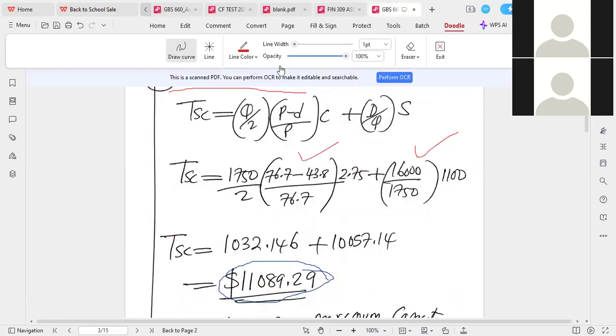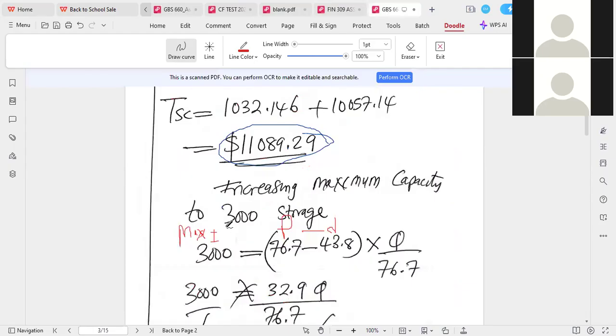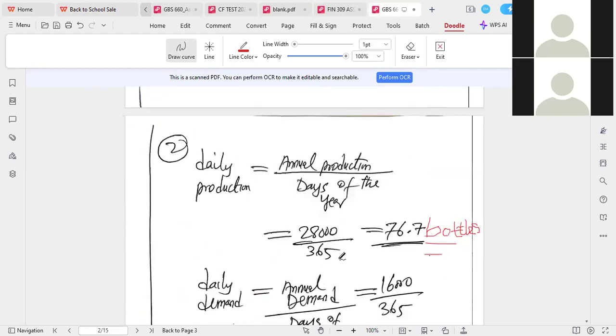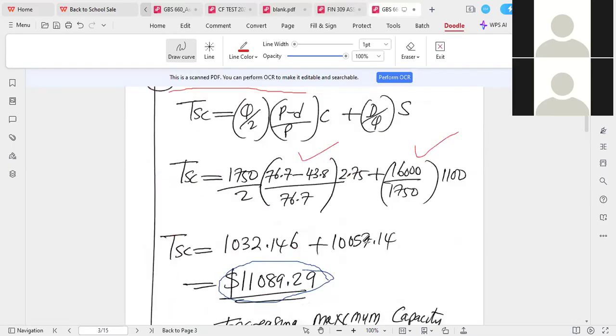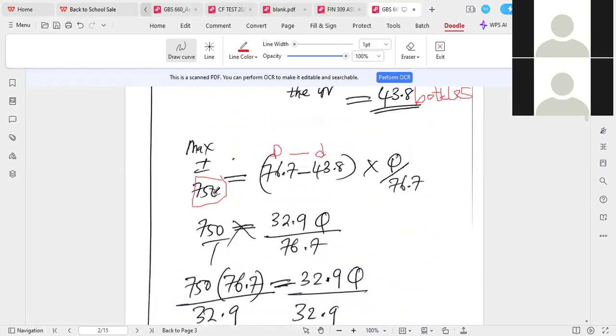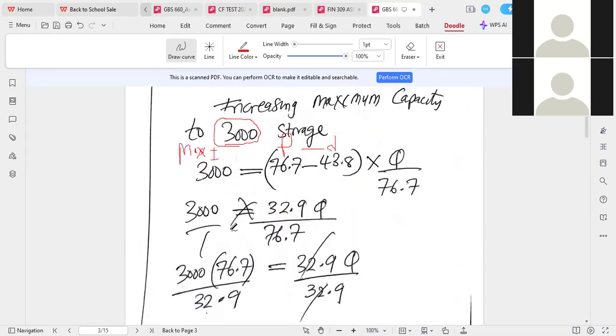If you increase the maximum storage to 3,000, using the maximum inventory level equation and substituting from the 750 maximum storage to 3,000, we get our value of Q.